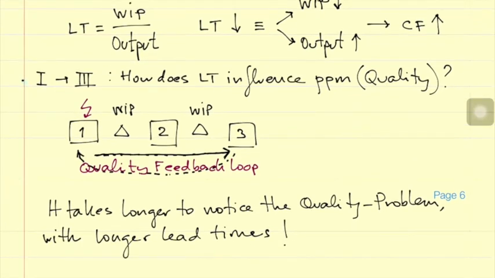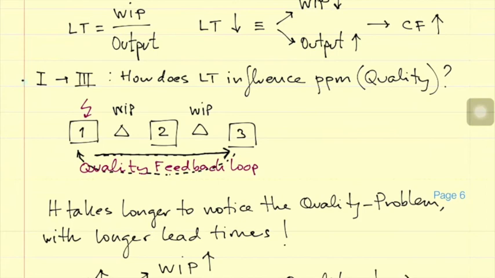So if lead time goes up, this means either that the WIP is going up or the output is going down. In both cases, quality is going down.